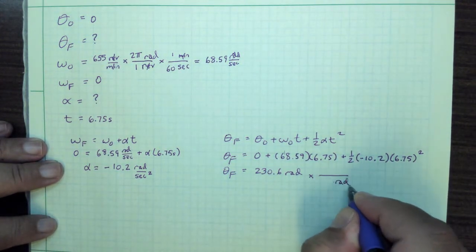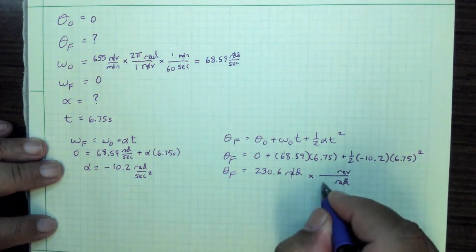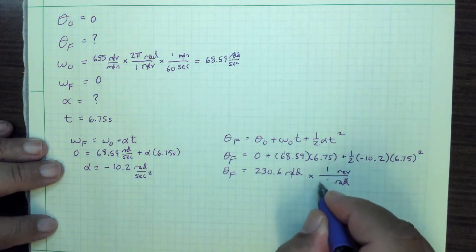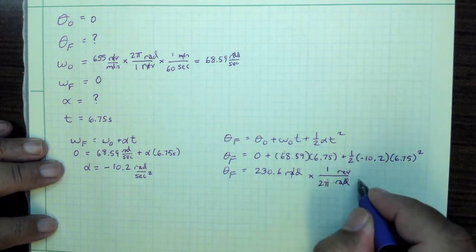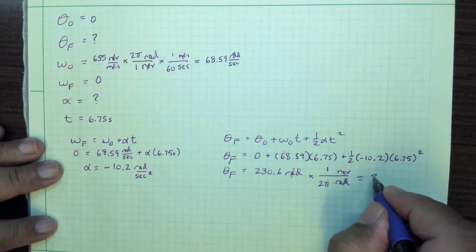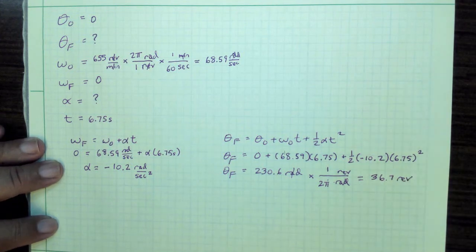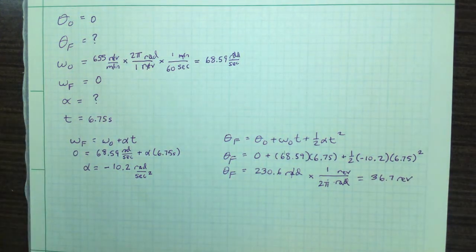This time we put radians on the bottom and revolutions on the top. The radians cancel out. One revolution has 2 pi radians, so we take 230.6, divide by 2 pi, we get 36.7 revolutions. So our answer to 3 significant figures is that the fan spins 36.7 times before coming to a stop.